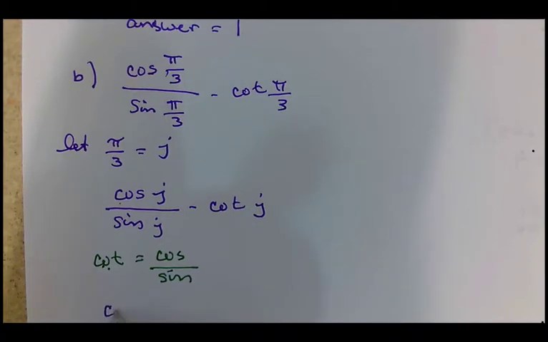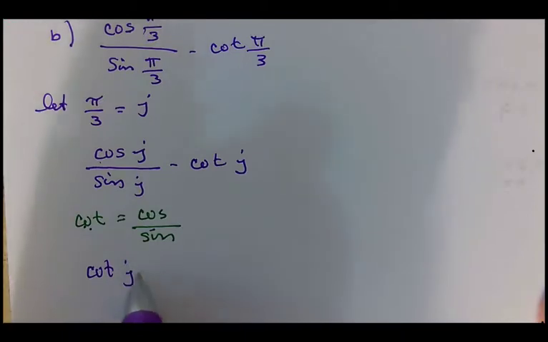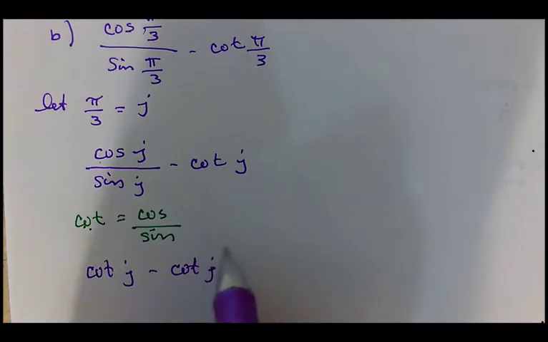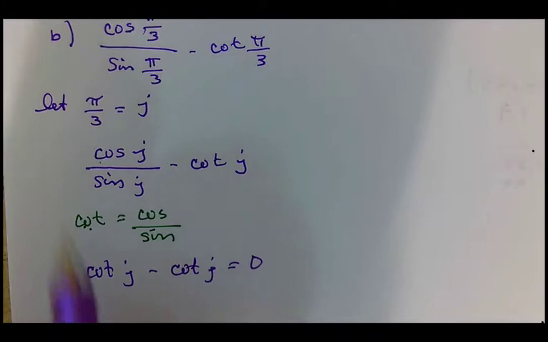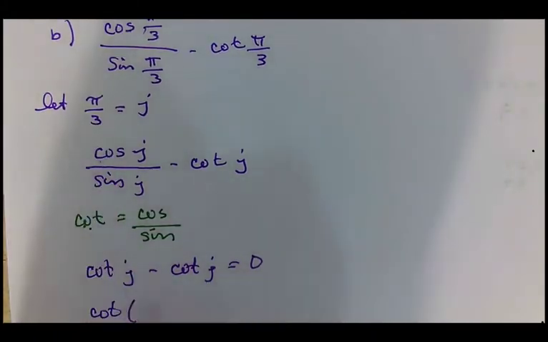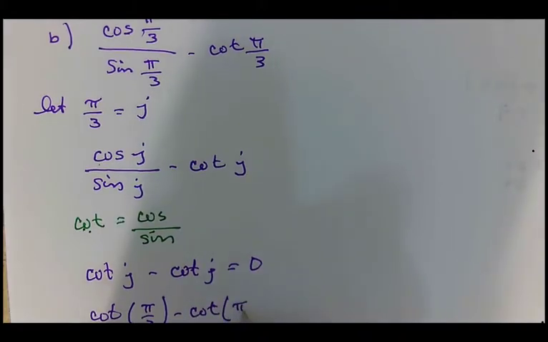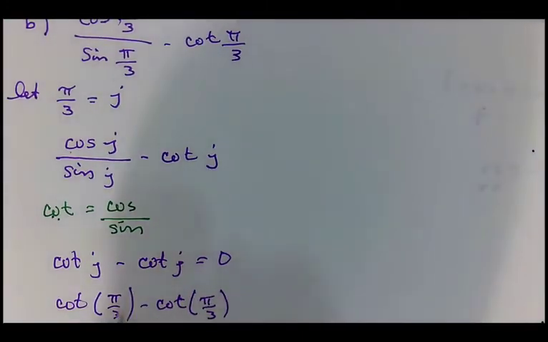So cotangent of j minus cotangent of j equals 0. I can go back and write this the same way as I did before up here, cotangent of pi over 3 minus cotangent of pi over 3. Okay. Either way I look at this, it's still going to equal 0.